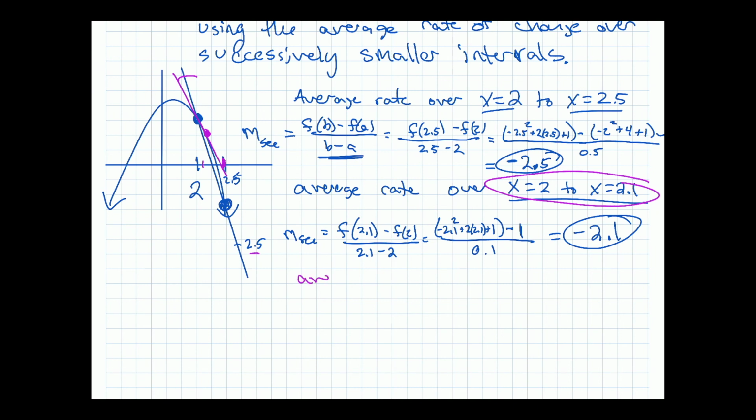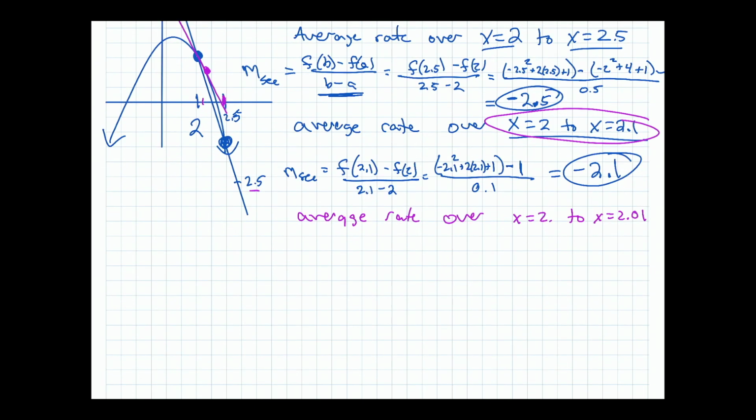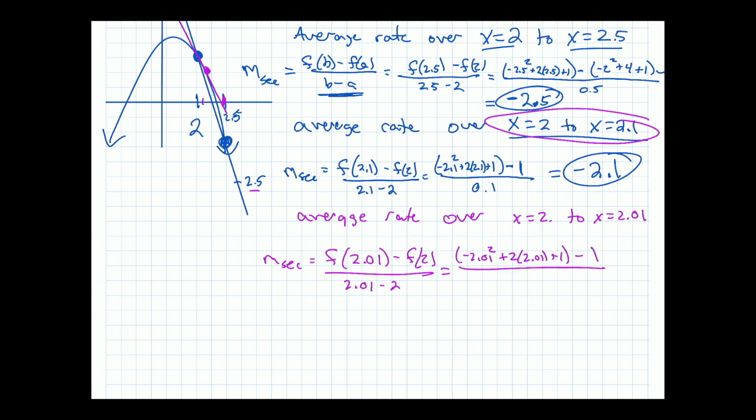So we're going to do, let's say, average rate over x equals 2 to, let's say, x equals 2.01. So m secant is f of 2.01 minus f of 2 over 2.01 minus 2. That's going to be negative 2.01 squared plus 2.01 plus 1 minus 1 over 0.01.